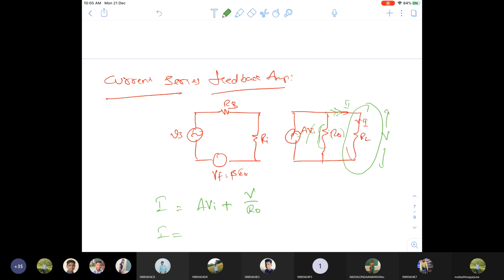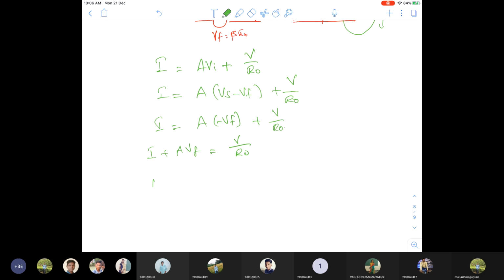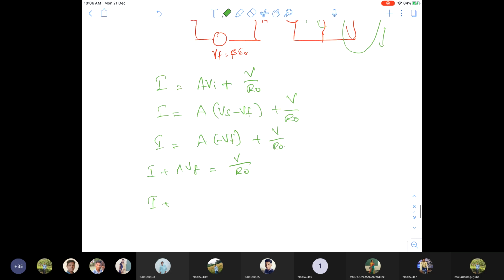So from this, VI is nothing but Vs minus Vf, plus V by R naught. I equal to A into minus Vf, because Vs is 0, plus V by R naught. I plus AVf equal to V by R naught. So Vf is A into beta times I. Take I as common: 1 plus A beta equals V by R naught.